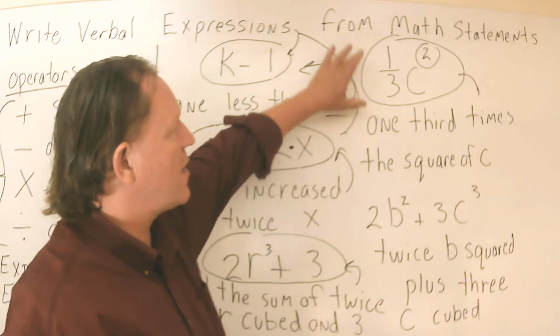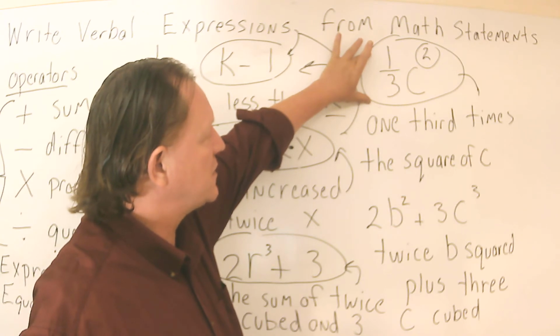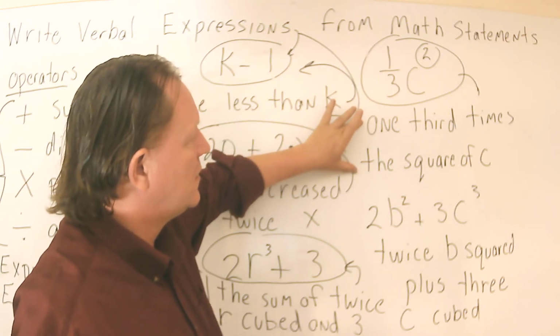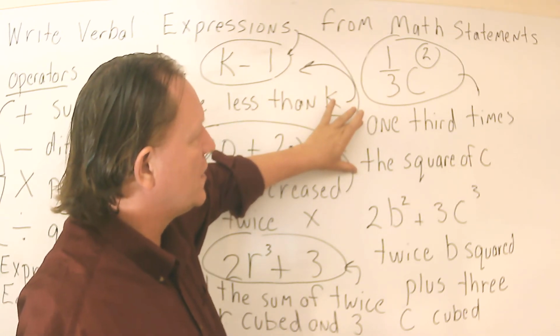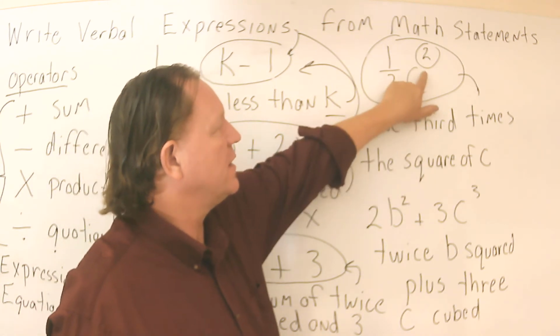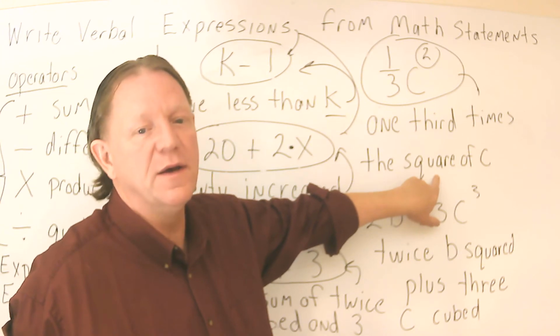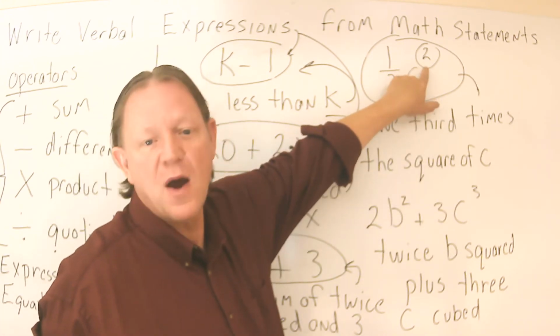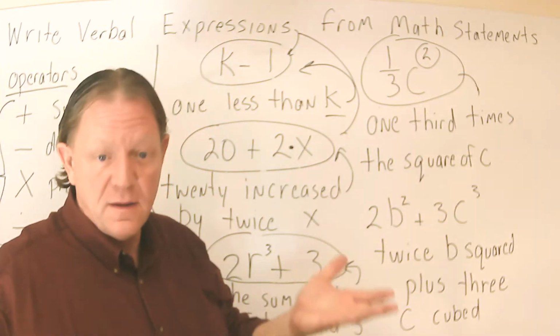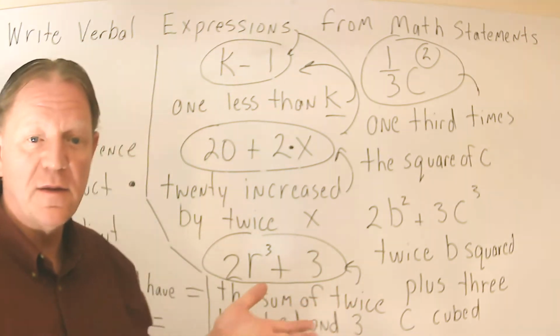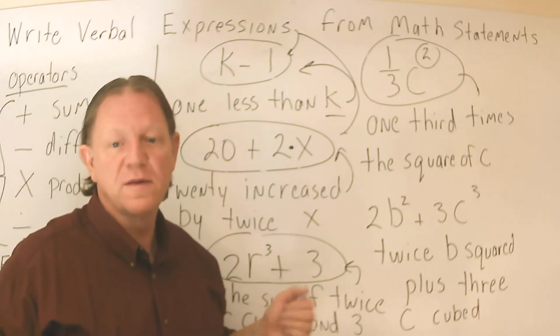So here's our math expression. Here's our verbal expression. 1/3 times the square of c. Could I have put, instead of square, the second power? Yes, I could. I could have said this is to the second power of c. So again, not just one way to do it. So perhaps several ways to write that.